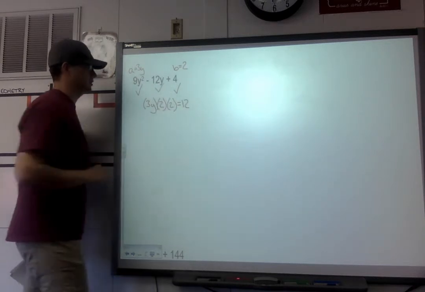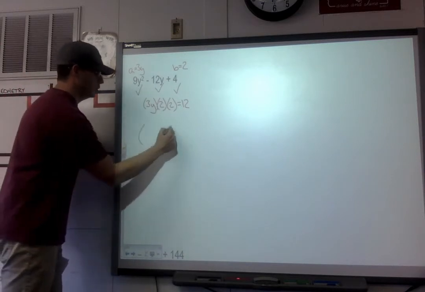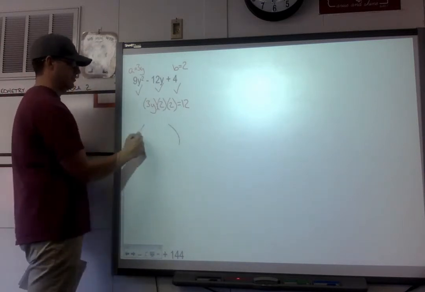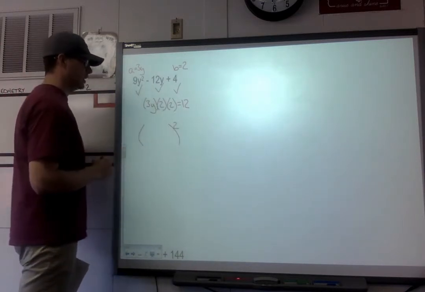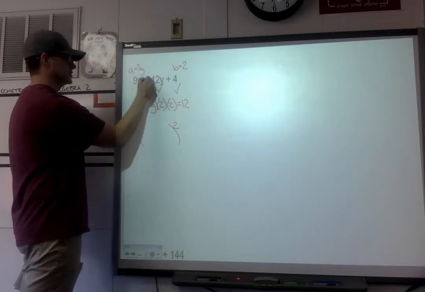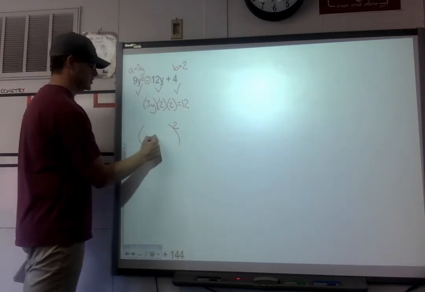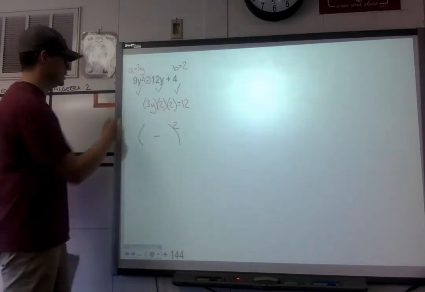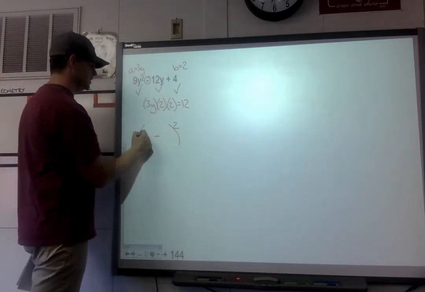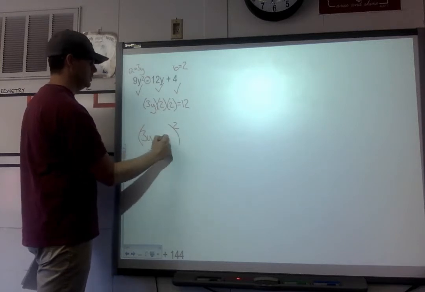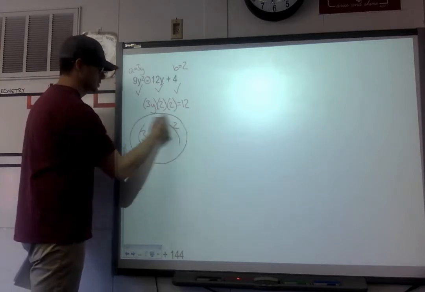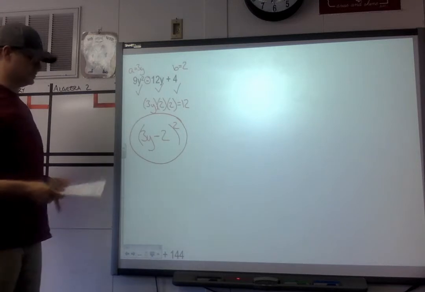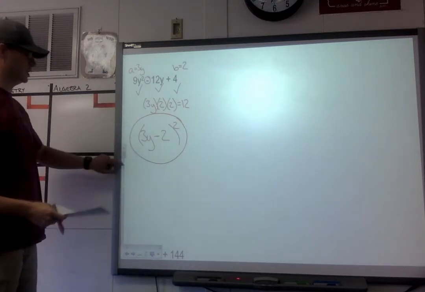So yes, that's good. So now we know we're going to have a binomial that we are squaring. Since we're subtracting that middle term, we're going to have subtraction within our parentheses. We're going to do a minus b, so a is 3y, b is 2. So our factored form would be 3y minus 2 squared.